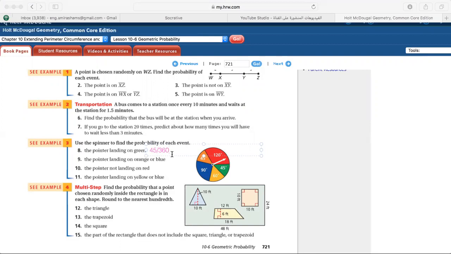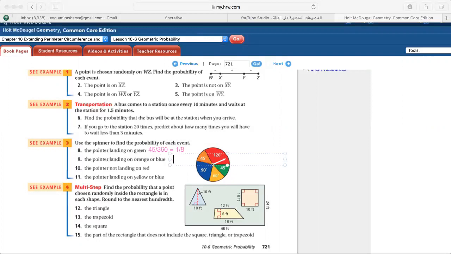I can simplify by dividing up and down by 45. 360 is divisible by 45, so it is equal to 1 over 8. Okay, number 9, the pointer landing on orange or blue. Or means I will add orange and blue, 45 and 90.